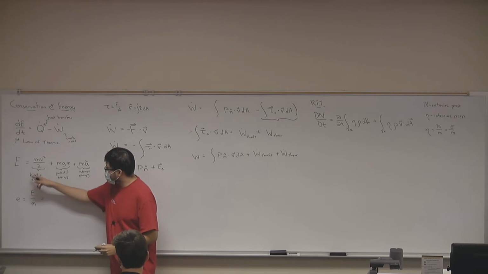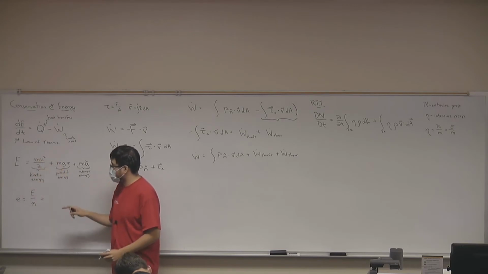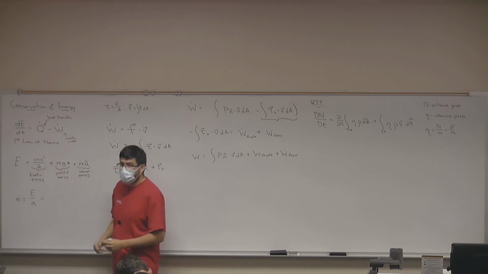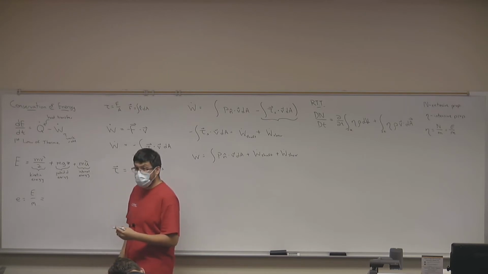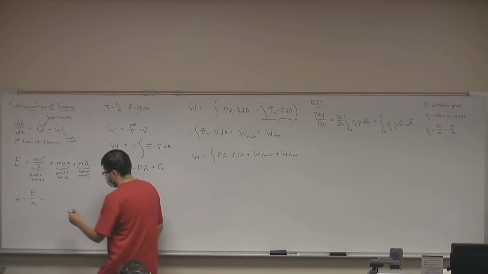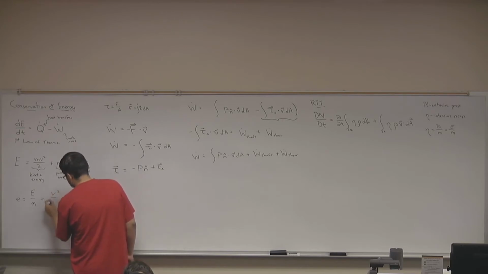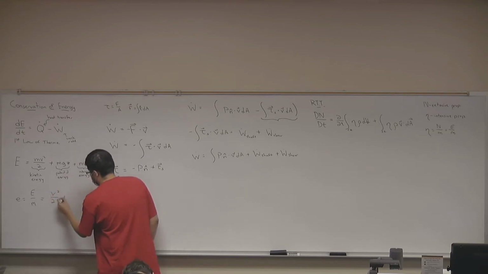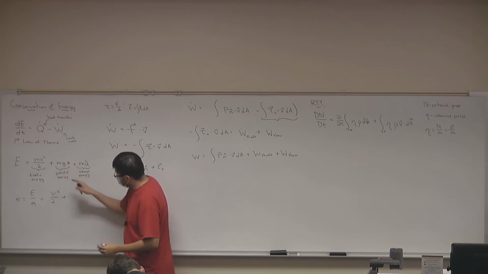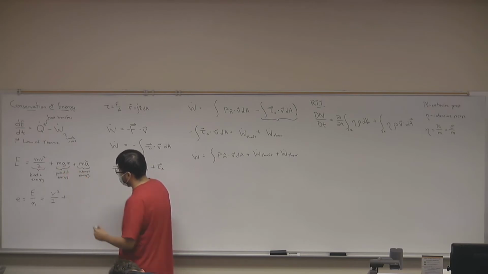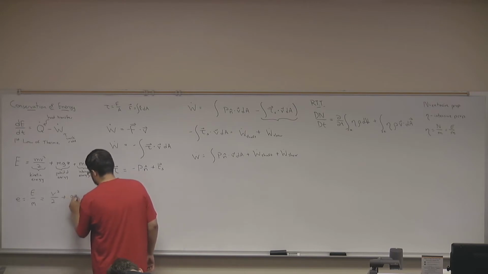So let's look at energy. Energy is kinetic energy, that's mass times velocity squared over 2. If we divide the kinetic energy by mass, what are we left with? Yep. Energy is potential energy, right? So mass times gravity times elevation. So if we divide potential energy by mass, we get gravity times elevation.